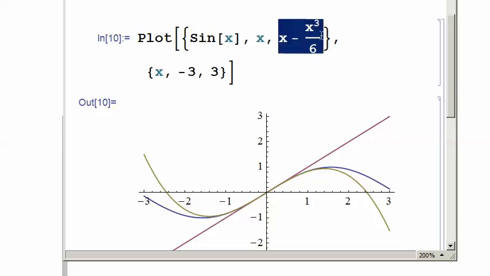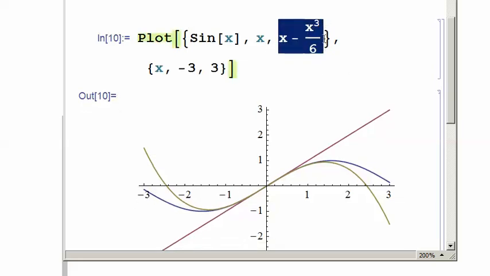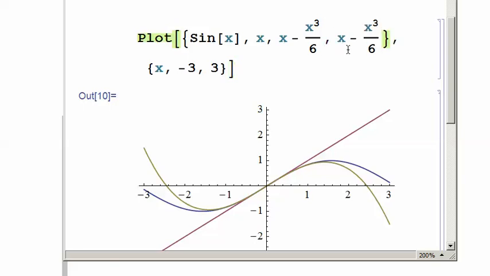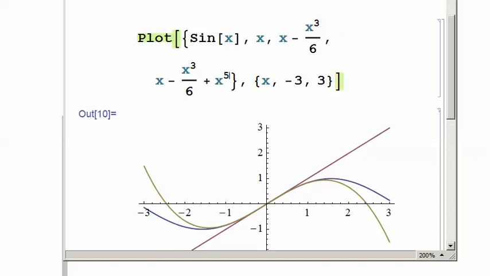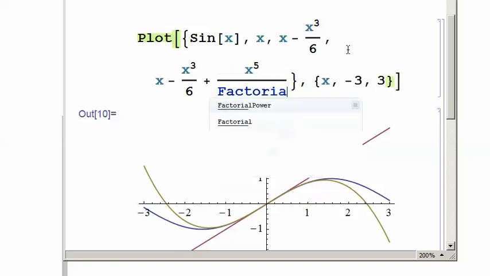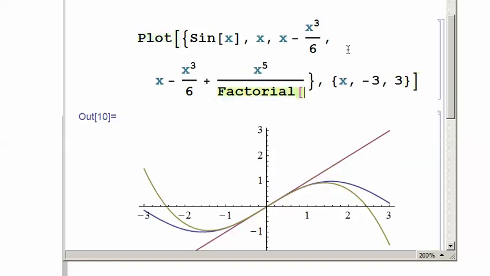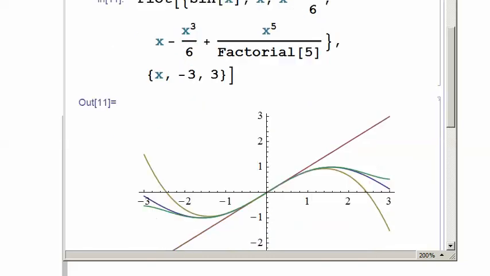And then let's go ahead and take that one and add x to the 5th over 5 factorial. I'm not sure how this thing does factorial 5.